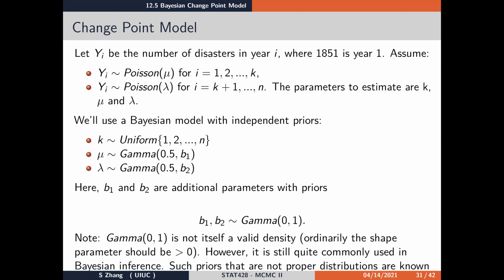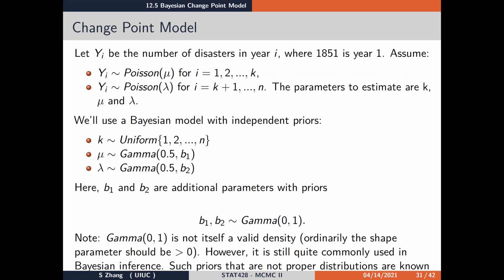We will use a Bayesian model with independent priors. Here, let's set the prior of k to be the discrete uniform distribution, evenly distributed with equal probabilities on values 1, 2, all the way up to n, the last time point. And let mu have a prior distribution that's gamma with shape 0.5 and rate b1.